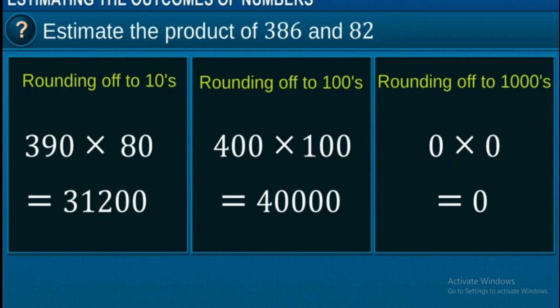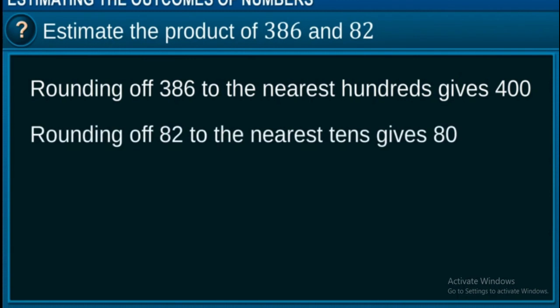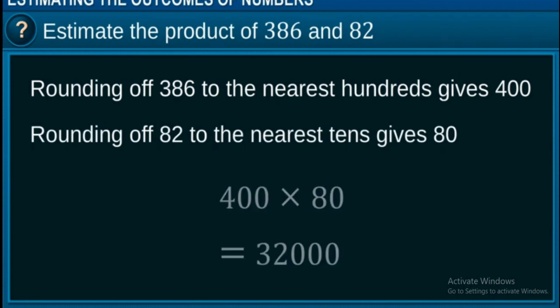However, this may be a bit time-consuming. Rounding 386 to the nearest hundreds, that is, to 400, and rounding 82 to the nearest tens, that is 80, gives the estimate of the product as 32,000.